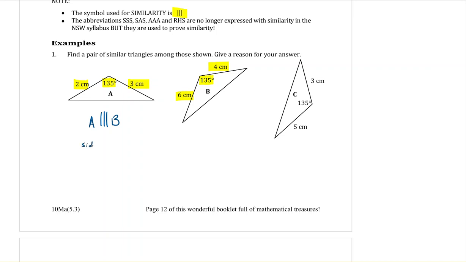So we'd go sides have a scale factor of 2 and the included angle is equal. Okay, so although we're not really doing tests, we're basically talking about the SAS, two sides and the included angle in that. All right, next page.